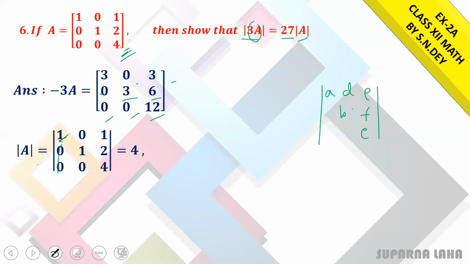Then if you find this type of determinant, the value of the determinant is just the multiplication of its diagonal elements.